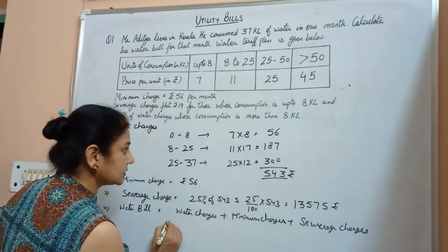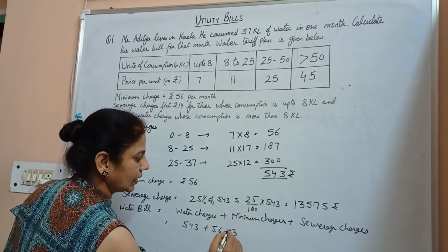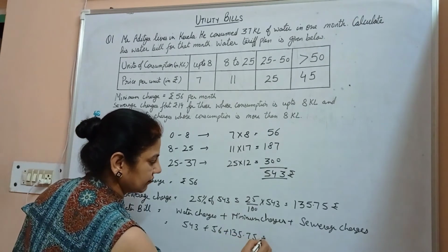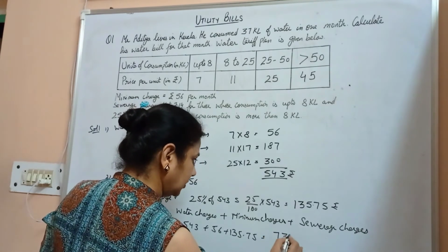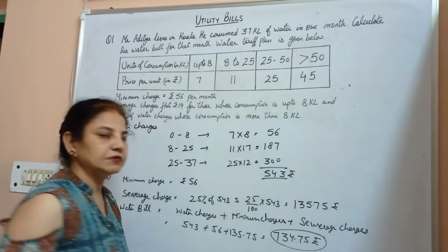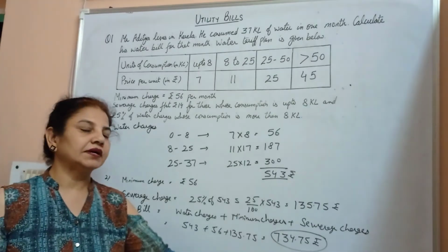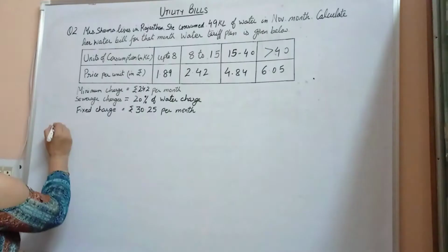So we add all this: 543 plus 56 plus 135 rupees 75 paisa. Adding all this, you will get 734 rupees 75 paisa as the water bill. That means Mr. Aditya has to pay 734 rupees 75 paisa as the water bill for that particular month.